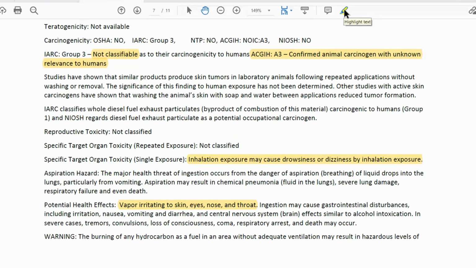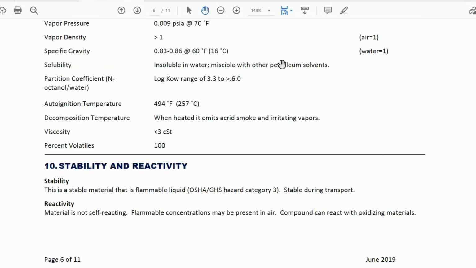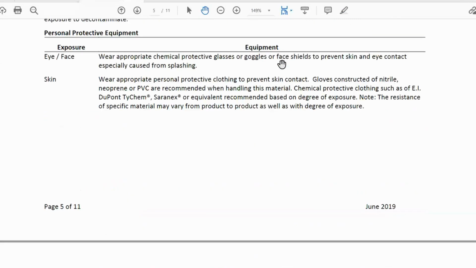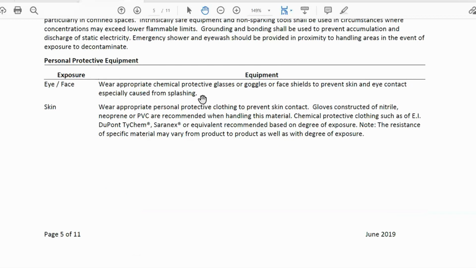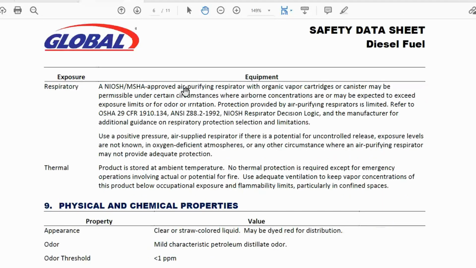All right. See all these things? And then they will tell you what to wear here, correct? How to reduce exposure. Respiration: approved air purifying respirator, organic vapor. So you must use an organic vapor respirator, cartridge or canister.